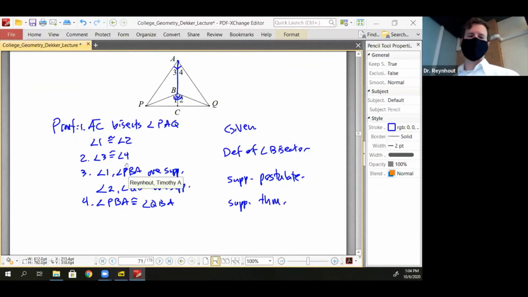Okay, excellent. So we have that these two angles are congruent, and we have that these two angles are congruent. We just need to state that this segment is congruent to itself. So our fifth step is that AB is congruent to itself.